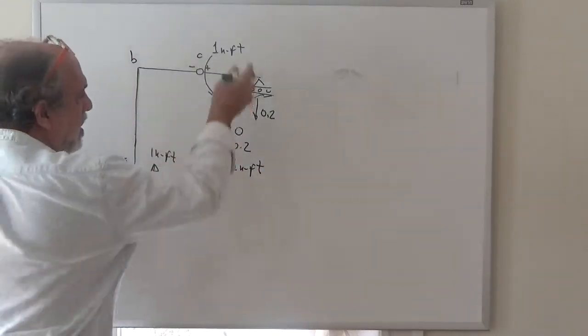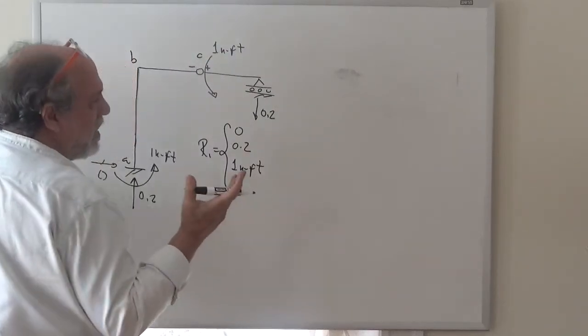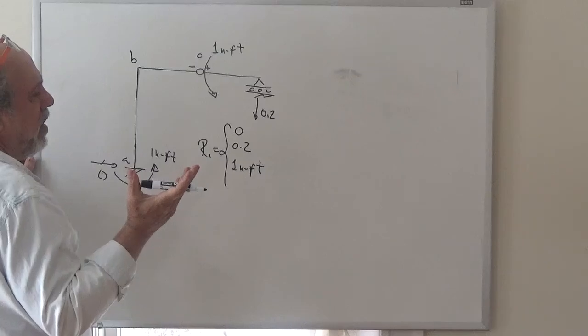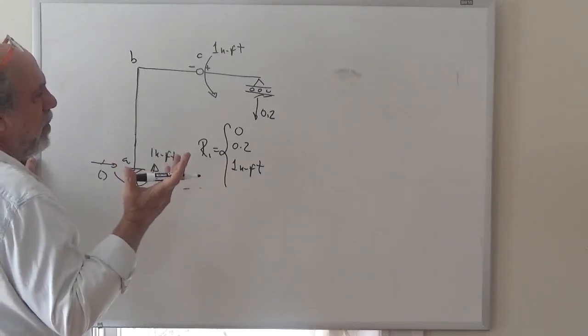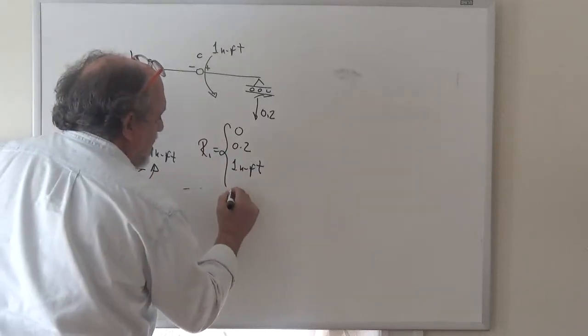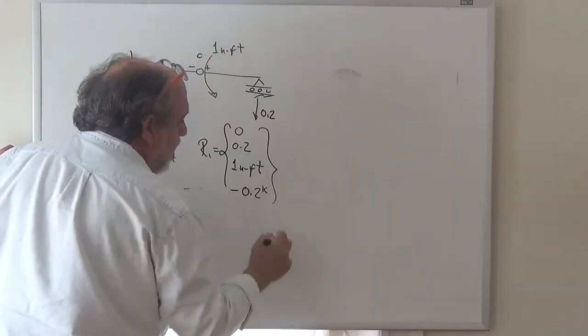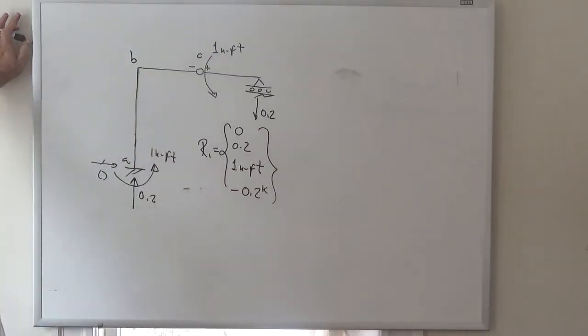On the other side, if I take up vertical, well actually, I don't know if you want to take it up or down, it doesn't really matter. I'm going to say, yeah, up. So this is minus 0.2 kips. But I could have put plus 0.2 kips and then that would have been my positive.